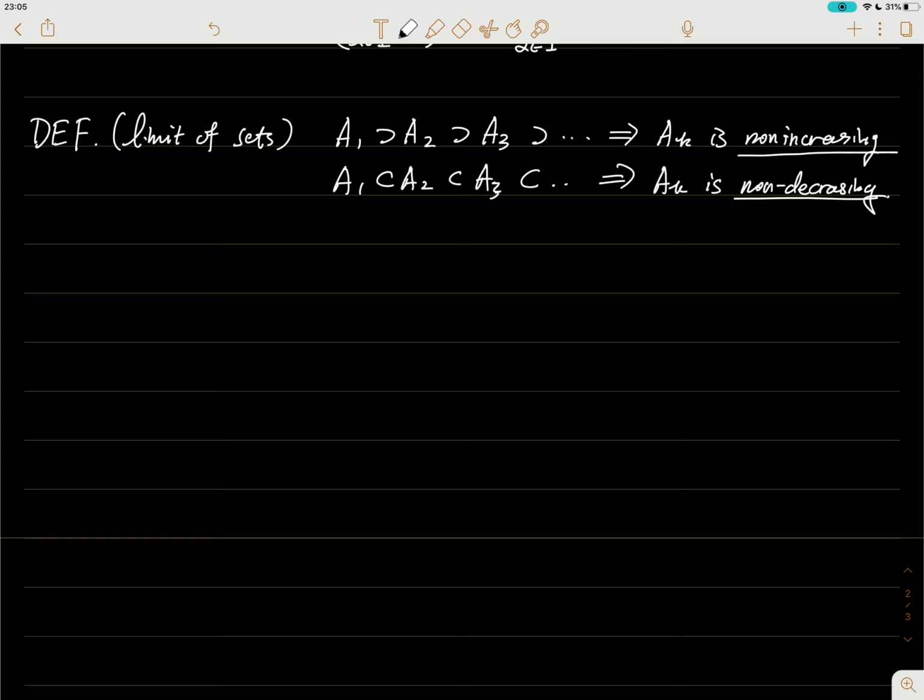Okay, and in either of these two cases, we can talk about the limit. For example, in the first case, if it's non-increasing, I can use this notation for the limit of A_k. Because A1 contains A2, A2 contains A3, the limit of this is just the same as the intersection of them.